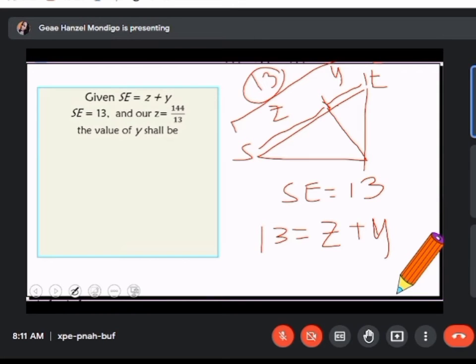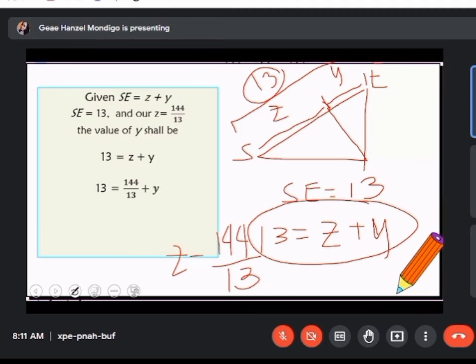So to find the value of our y using this formula, we have now 13 is equals to z plus y. Then substitute because you have your value of your z, which is 144 over 13. Okay, using this formula, 13 is equals to z plus y. So substitute your z, which is 144 over 13 plus y.